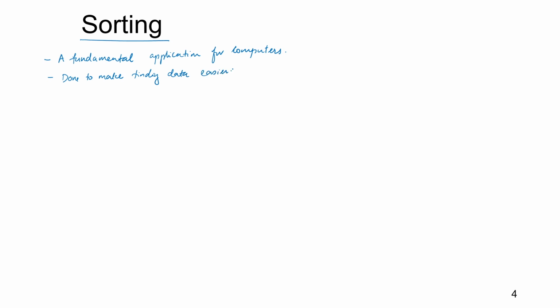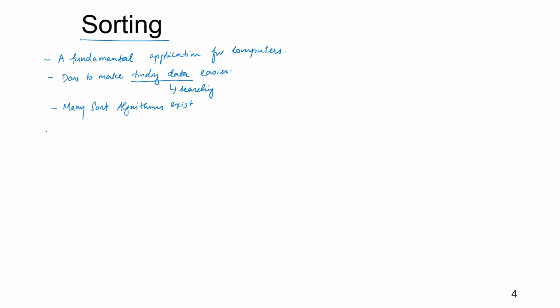You want to find data quickly, and finding data is also known as searching. So, it is done to make searching easier. Then, as we said, many sort algorithms exist. There are many of them that exist.